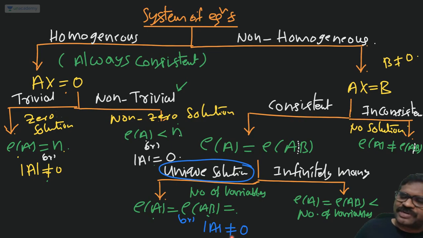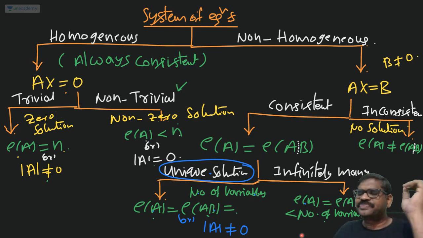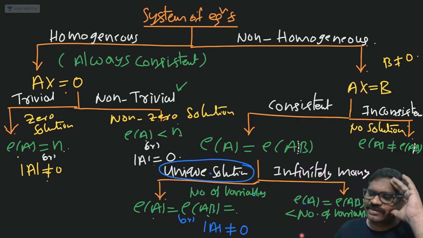What is the difference between unique solution and infinitely many solutions? Rank of A equal to rank of AB equal to number of variables, unique solution. Rank of A equal to rank of AB, less than number of variables, infinitely many. Avdesh, I have not written determinant 0. That is your assumption. Why have I not written it? I will explain.